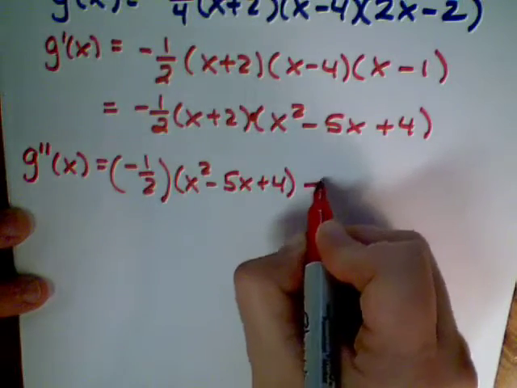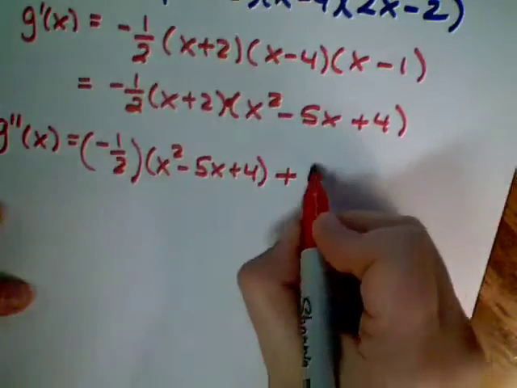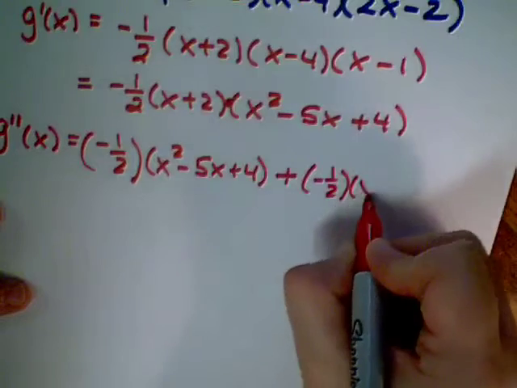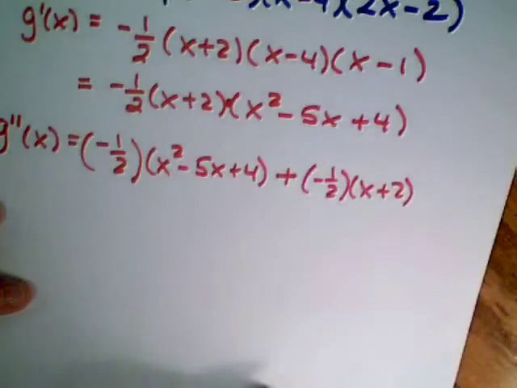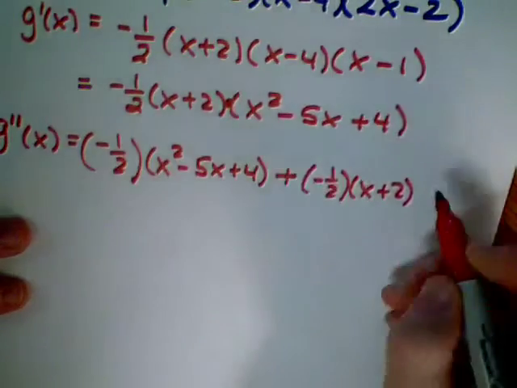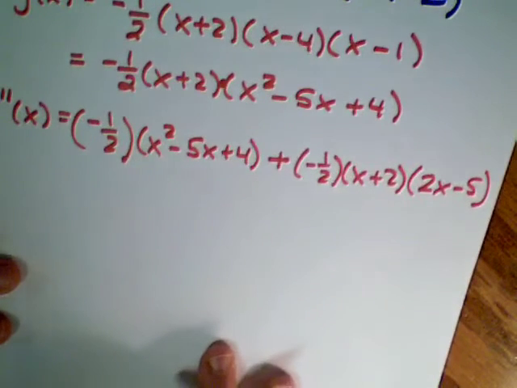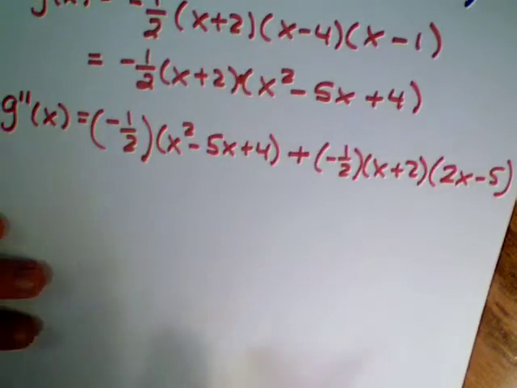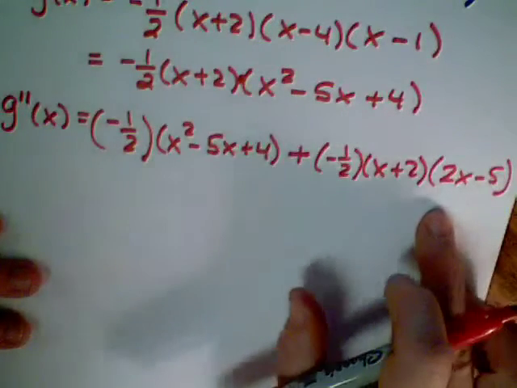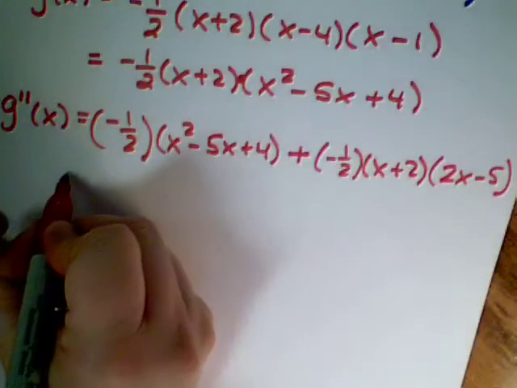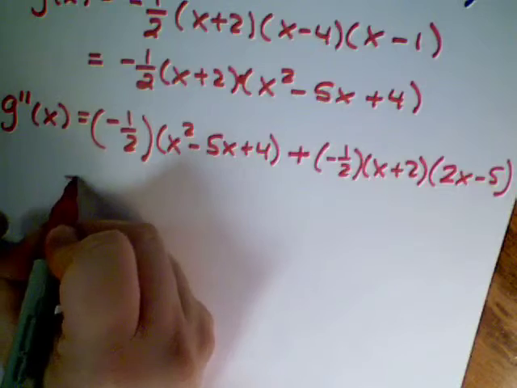And now I'll add to that. I'll leave the first factor alone and take the derivative of the quadratic, which will be 2x minus 5. Ooh, that's a pretty long answer for g double prime.